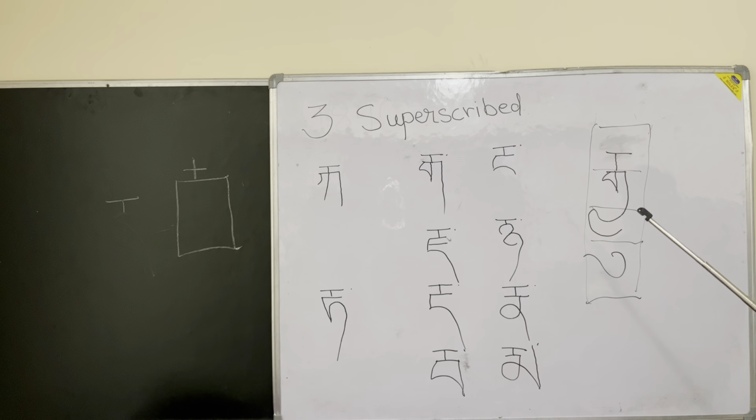So how do we read? From top downward. Ra, Gata, Ga. No change. Ga, Yatak, Gya.